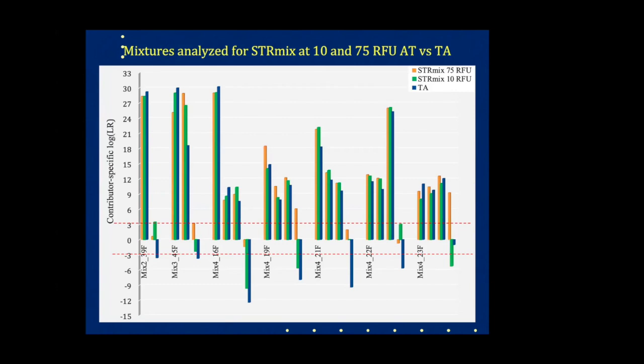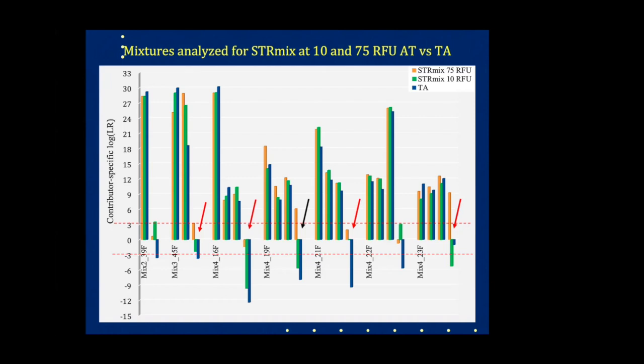STRmix using a 10 RFU analytical threshold is shown in green, and TrueAllele is shown in blue. Next, the arrows point to all of those contributor-specific log LRs that change dramatically when the STRmix data was analyzed using a 10 RFU analytical threshold.